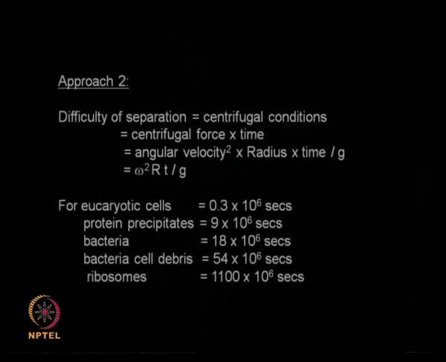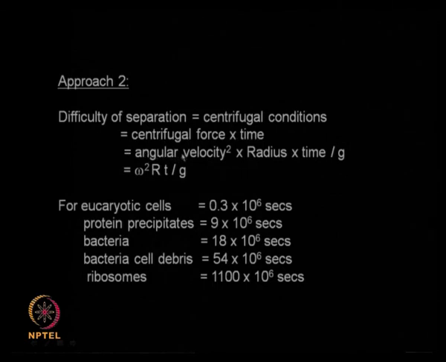Now, there is another approach by which we could do the scale up, that is called difficulty of separation or the centrifugal conditions. Difficulty of separation is calculated by looking at the centrifugal force multiplied by time.